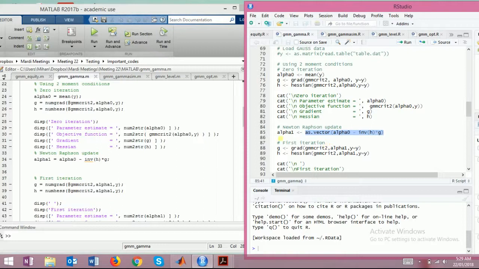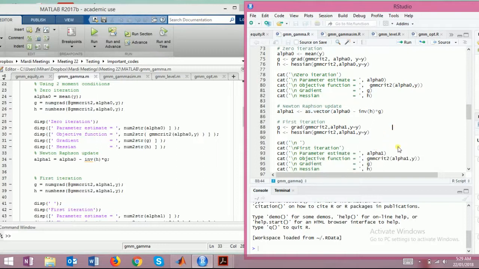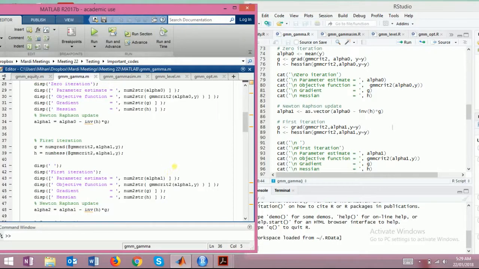We need to know that this is not going to represent a matrix. Alpha 1 must be a vector, and it must be considered a vector in the system. So in R, it is essential in such updates to mention this as a vector. So the first iteration is simply gradient and Hessian calculation.